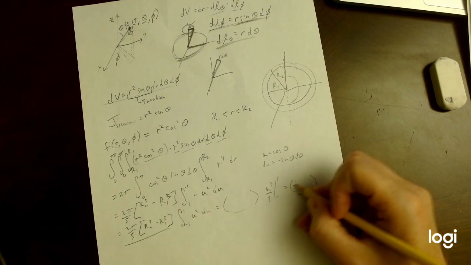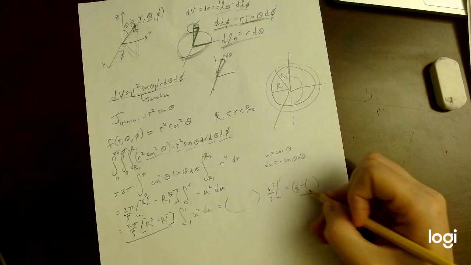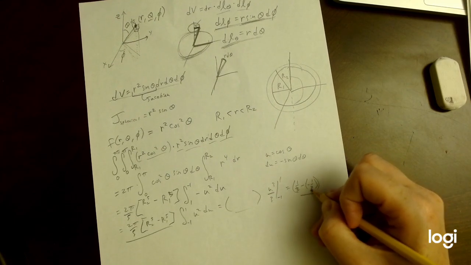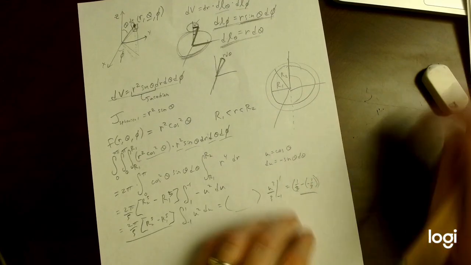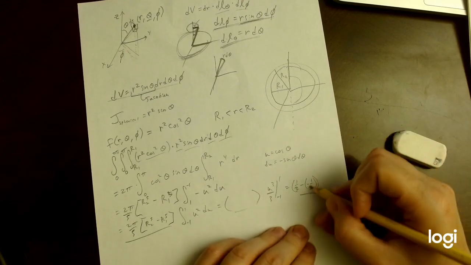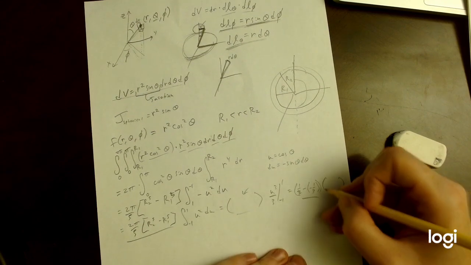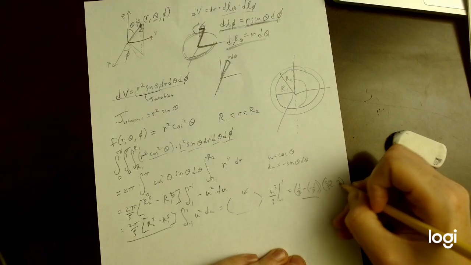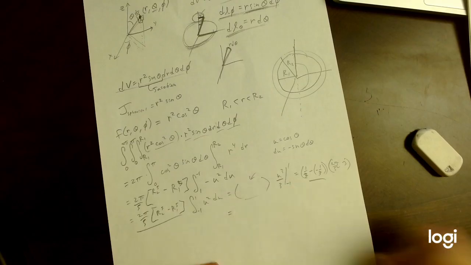So this will become minus 1/3, like so. This is times all of this thing again, the 2 pi over 5, and then the difference of the radii to the 5th power.